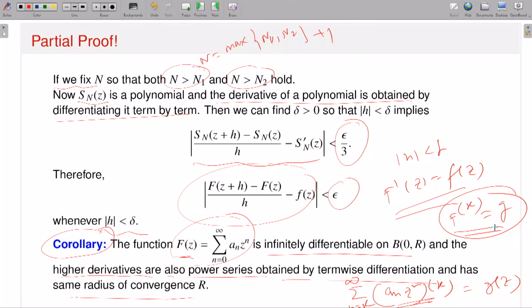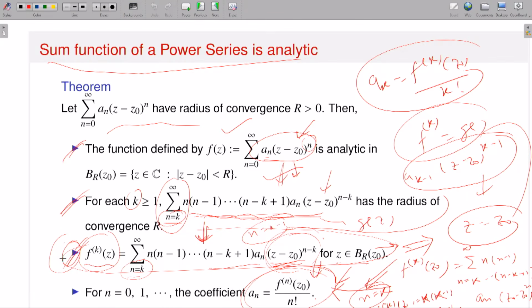Not only that, if I take the kth derivative of the sum function of the given power series, it is exactly equal to the sum function after taking the kth derivative termwise of the given power series. That means F to the k is equal to g. And the last conclusion is that I can write my coefficients in terms of the derivatives of the sum function of the given power series, and that actually follows, as I have already explained, from these expressions.